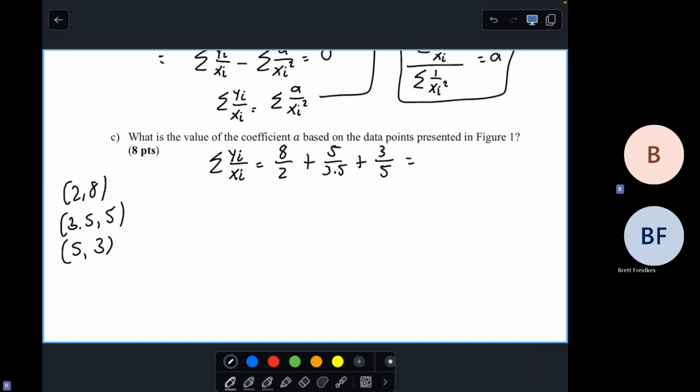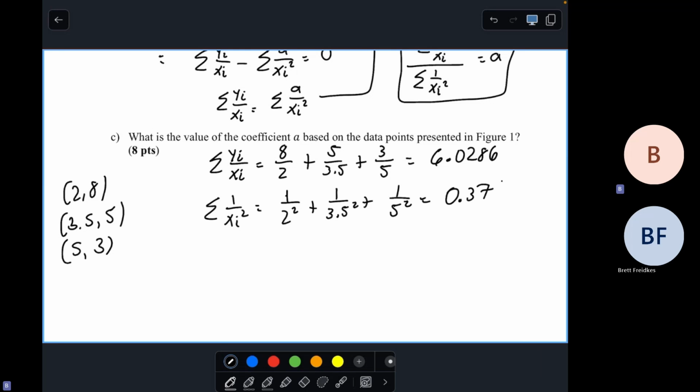That ends up being 6.0286, I think, based on at least Morrow's work. And then the summation of 1 over xi squared is the denominator. That's 1 over 2 squared, plus 1 over 3.5 squared, plus 1 over 5 squared. That whole thing is 0.3716, which means that a is equal to 6.0286 divided by 0.3716. That ends up being approximately 16.2.